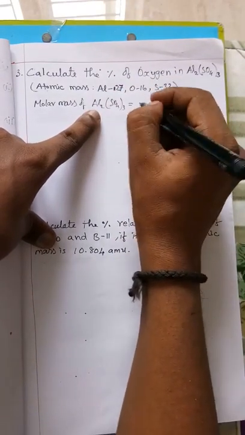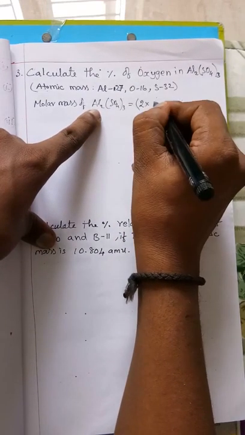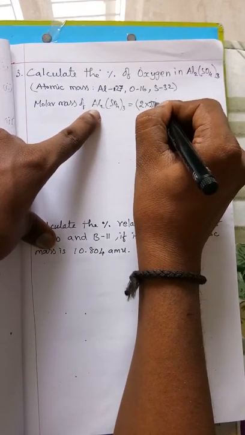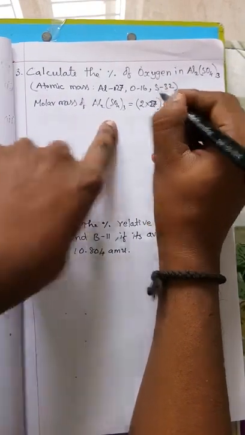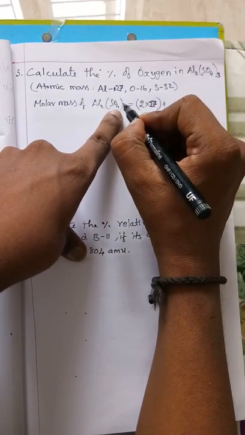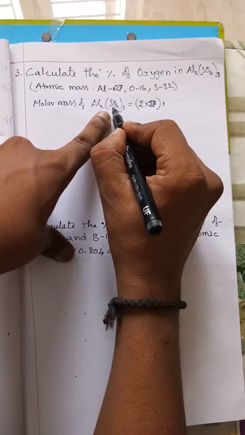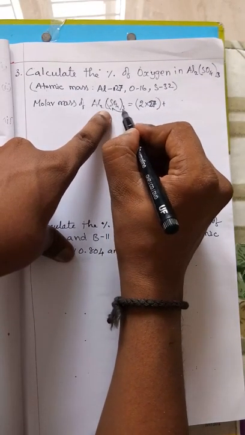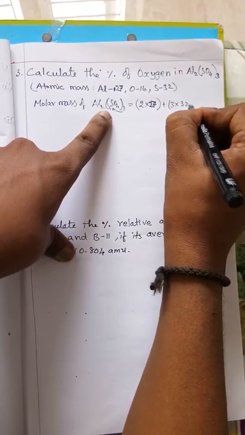So now substitute. How many aluminum are there? 2. 2 aluminum into 27, plus sulfur. How many sulfur? 3 sulfur, the 3 outside is common for SO4. So 3 into each sulfur value 32.